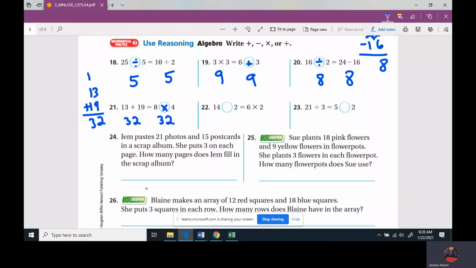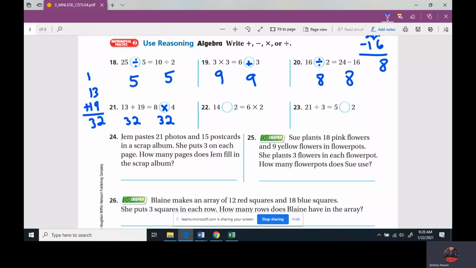Mason, what's 6 times 2? Look on your chart. If we're doing times, go to your 6, count down 2.